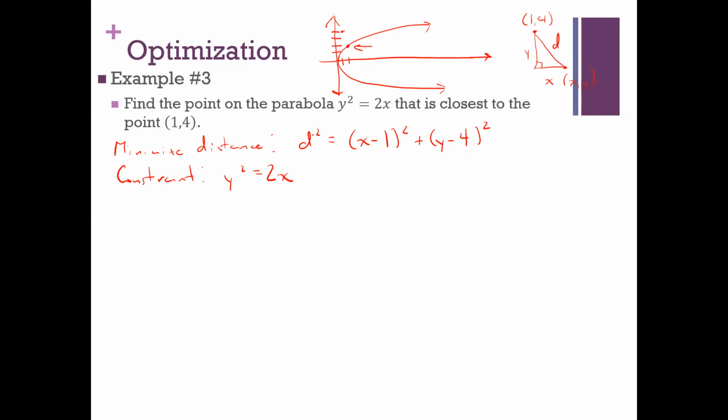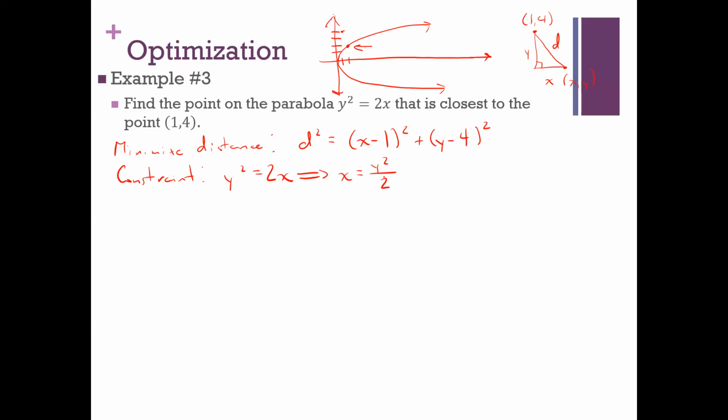So I would really like to get this distance equation to look like what? What do I want to change about it? Or can I just jump into the derivative now? Right.